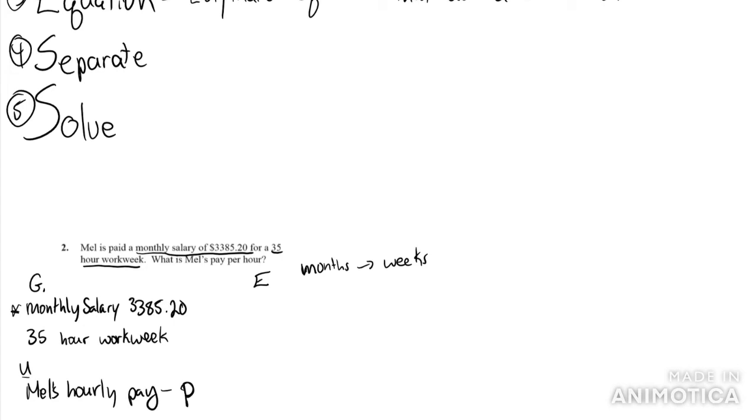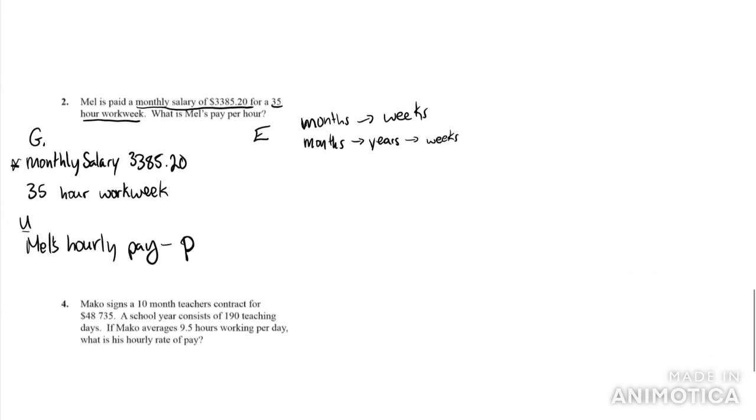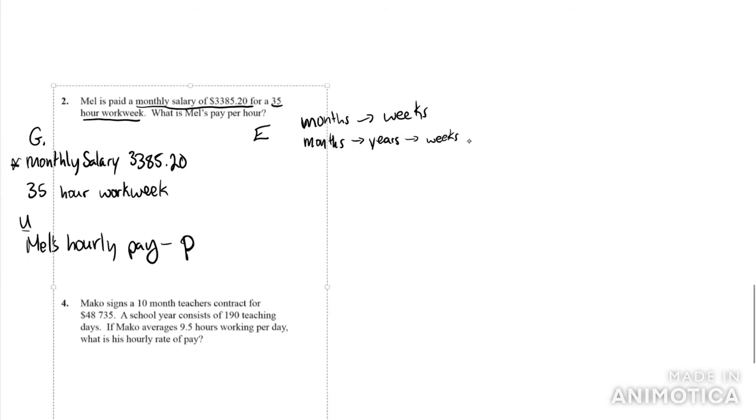So unfortunately, I can't just use something like 4 weeks per month. There's roughly 4 weeks, but 4 weeks is only 28 days. So I actually need to think of months, and I need to think of a common thing that I connect it to. So in this case, I see that years I can make a connection to, and then I can go to weeks.